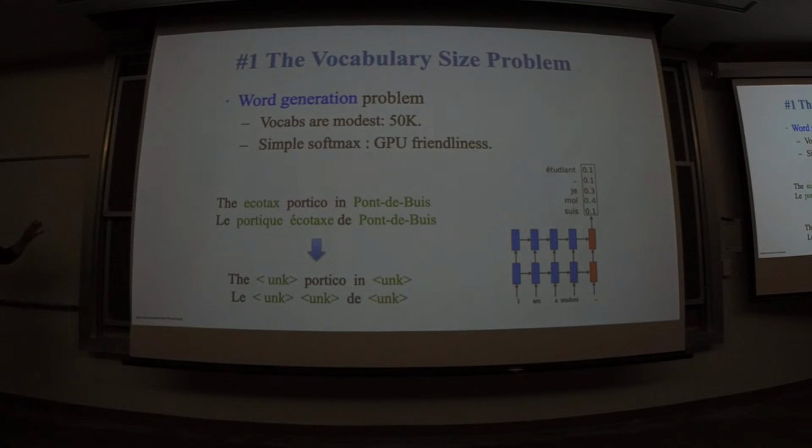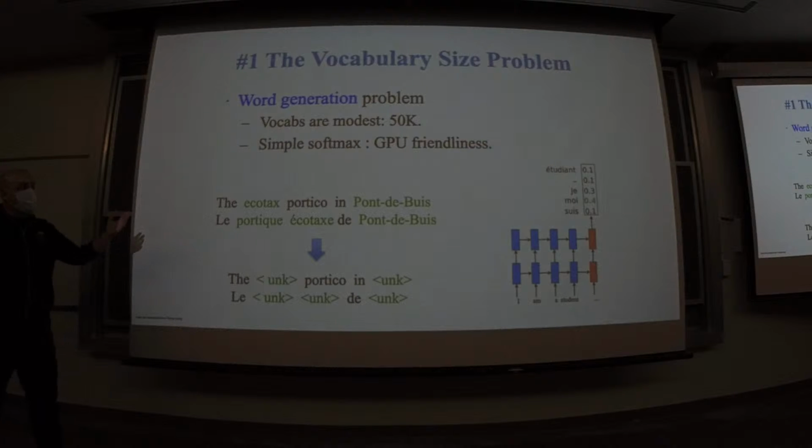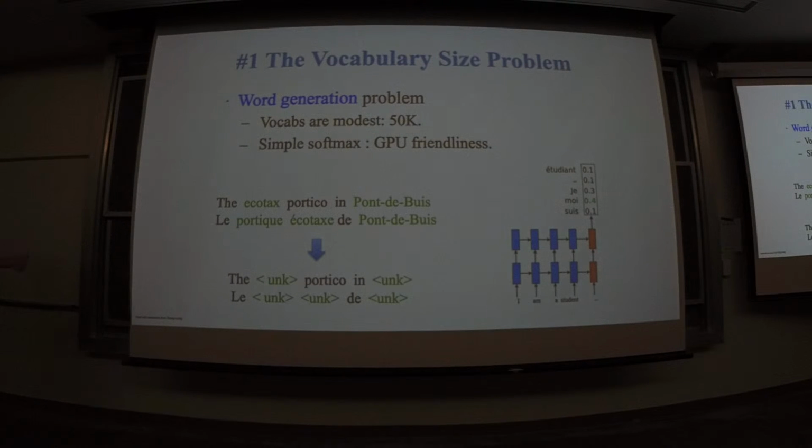Maybe not the most frequent words, because maybe we see those too often, but a much smaller set that we expect to see a lot and want to be able to translate. So we do a little bit of analysis on our vocabulary, and maybe we get down to something like 50,000 tokens rather than hundreds of thousands or even a million. 50,000 is still quite a bit larger than 1,000, but this was found to be a decent size. Oftentimes it's 50,000, 20,000, something like that.